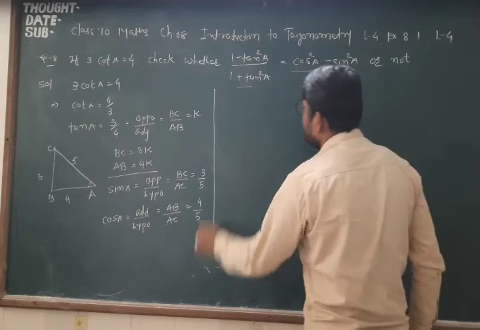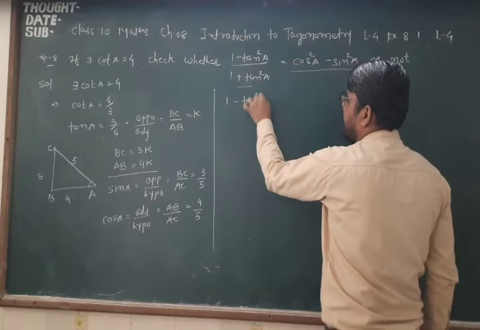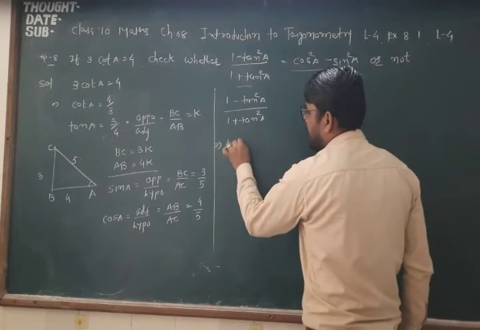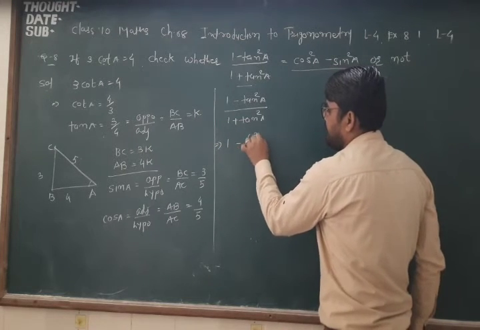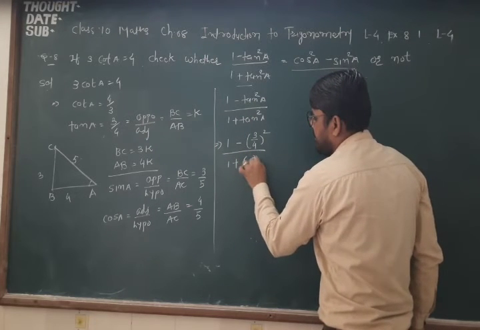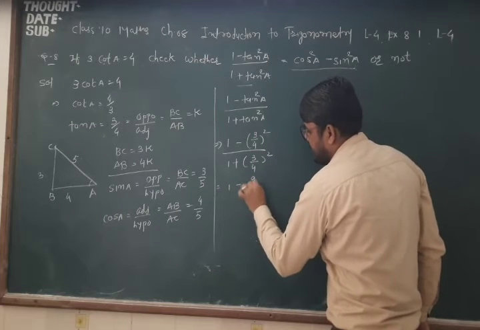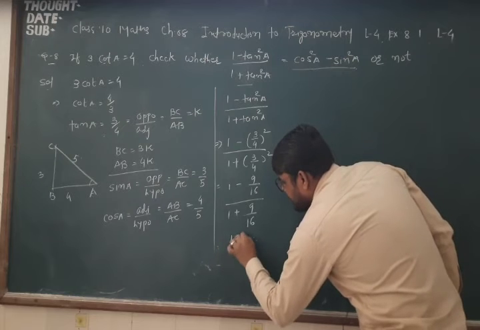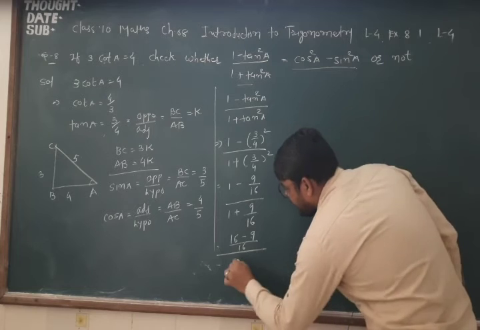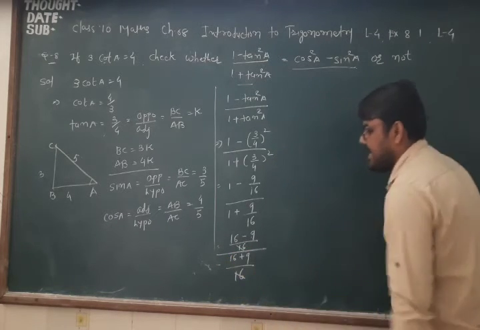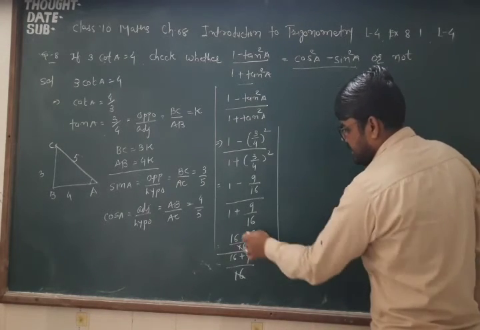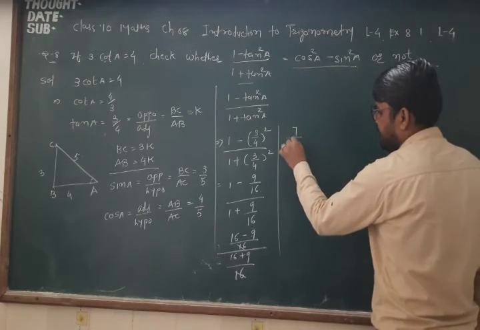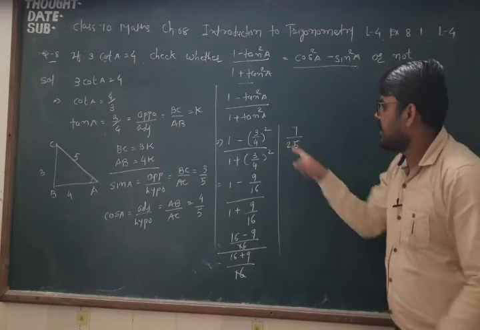Now use here 1 minus tan square A by 1 plus tan square A. Let's first find its value and see whether it equals the other side. Let's see, what is tan A? 3/4. It means I write the square of 3/4 here, because it is squared. Below, 1 plus the square of 3/4. Okay, so 1 minus 9/16, 1 plus 9/16. So take the LCM, 16 minus 9 over 16, divided by 16 plus 9 over 16. 16 cancels. Okay, so what I got? 16 minus 9, that will be 7. Below, 16 plus 9, that will be 25. So I got the value of 1 minus tan square A by 1 plus tan square A equal to 7/25.